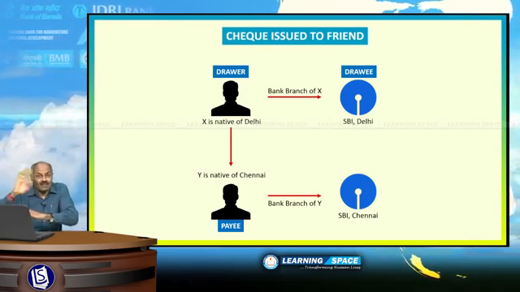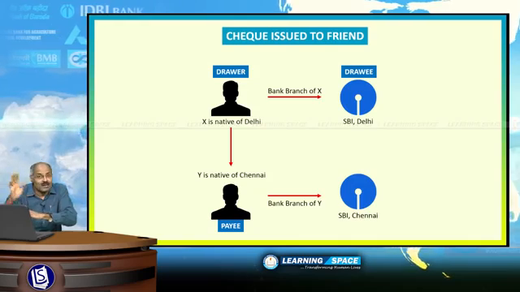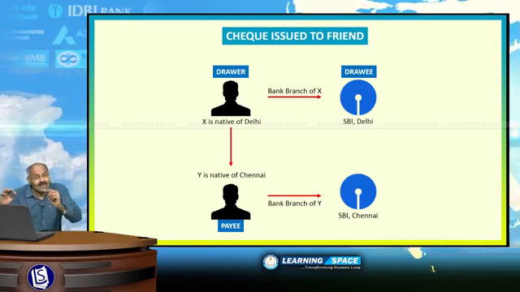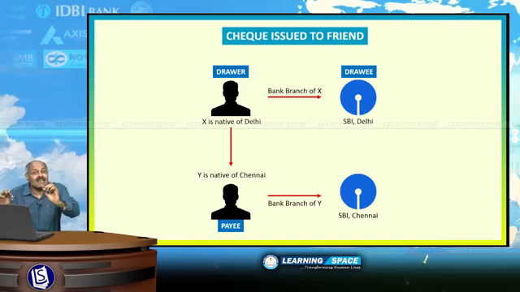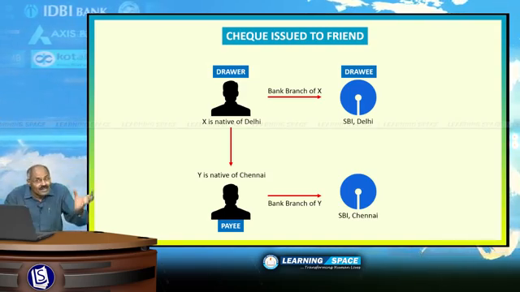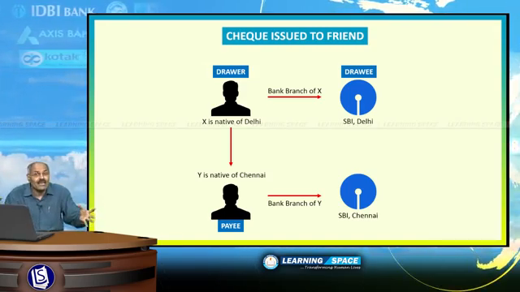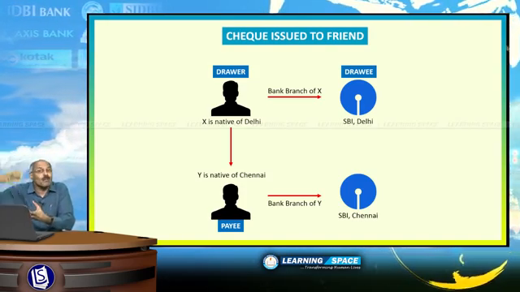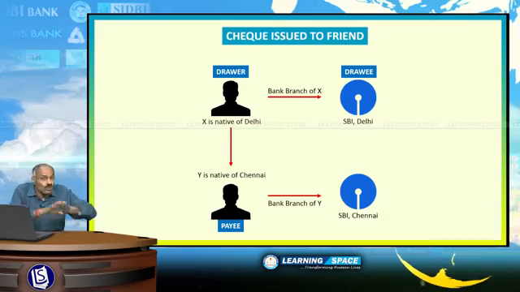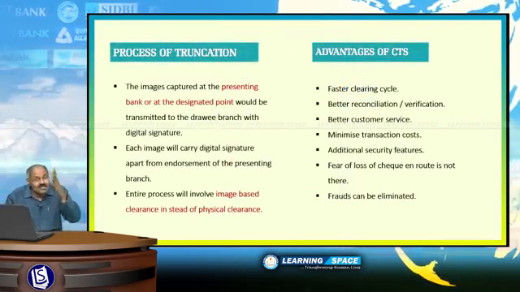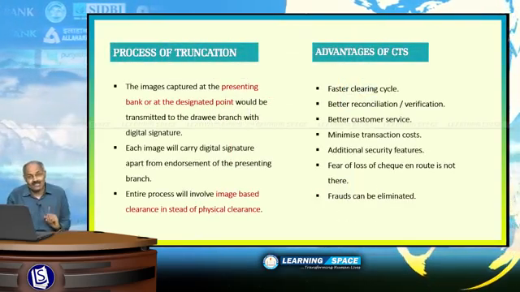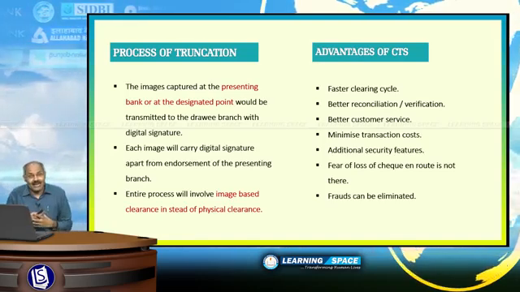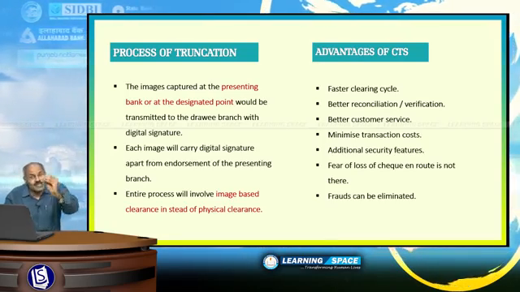No physical movement of check. Only the information contained on the check will be verified electronically from Chennai with Delhi, and subsequently the payment will be made to Y. No physical movement of check. So this is the beauty of CTS checks. Physical movement is eliminated, only the image will be sent.